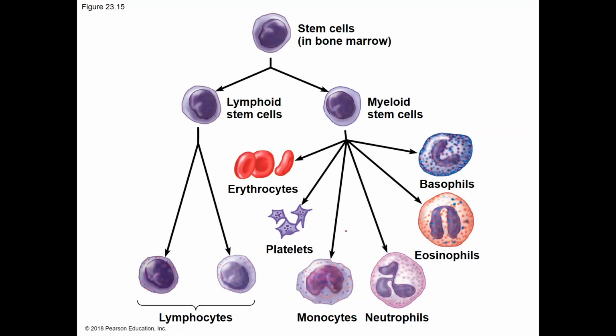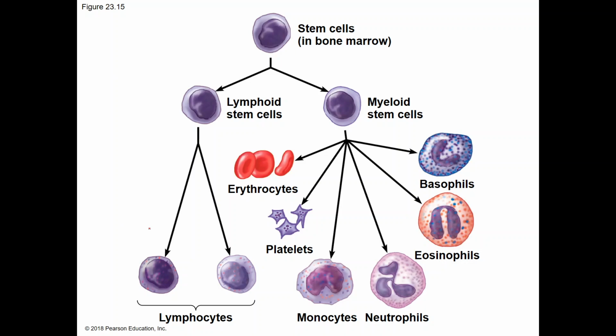So leukemia is a cancer of the white blood cells, and that's because cancerous cells will grow uncontrollably. A person with leukemia has an unusually high number of leukocytes, but they're defective. They're reproducing rapidly, but not functioning properly.